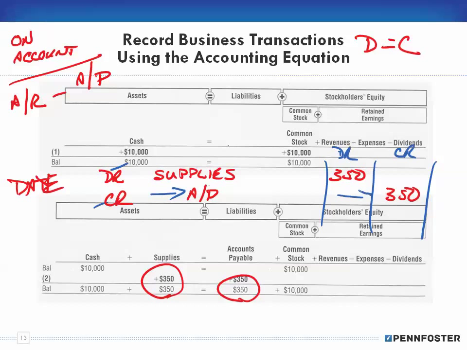Look at the indentation for the credit, right? It's in the second column, not this first column, right? So from proper formatting, I have my supplies as a debit, then I indent my accounts payable. The debit is what's on the left, the credit is what's on the right, okay? So that's how I would make and format my journal entry.